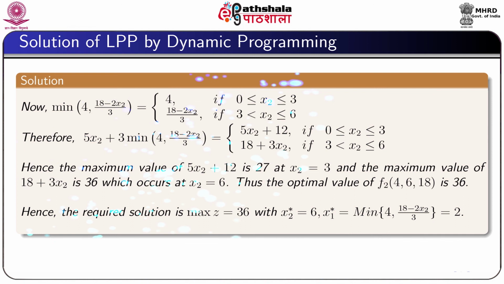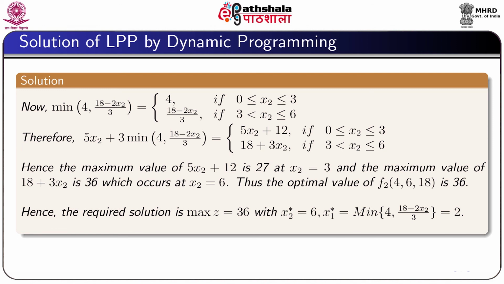From this we see that the maximum value of 5x_2 plus 12 is 27 at x_2 equal to 3, and the maximum value of 18 plus 3x_2 is 36, which occurs at x_2 equal to 6. Thus, the optimum value of f_2(4, 6, 18) will be 36 for x_2 equal to 6.